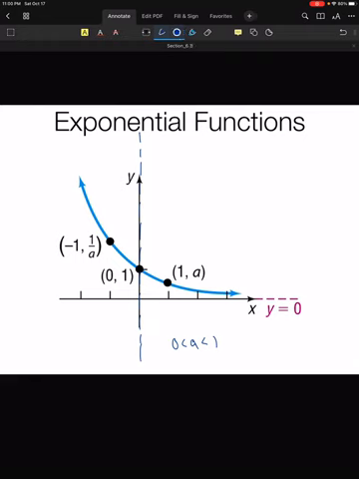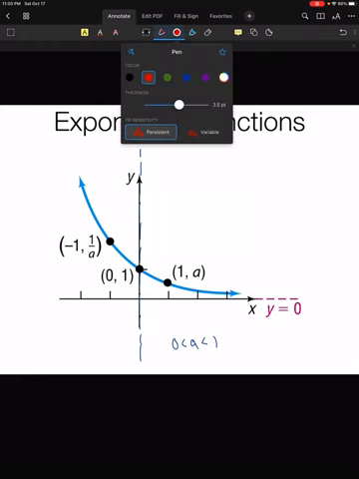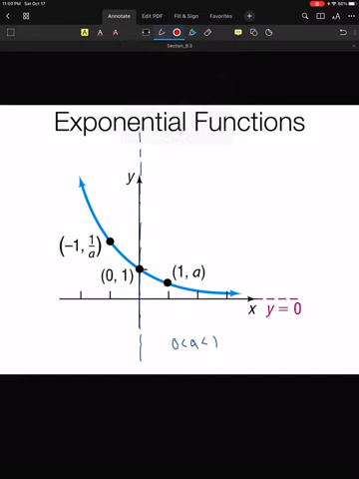So before, when a was greater than 1, the line looked like that. What we did was flip it over the y-axis. And that's what happens when a is between 0 and 1 instead of greater than 1.